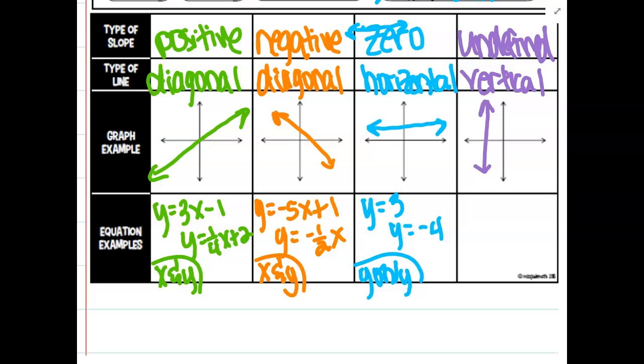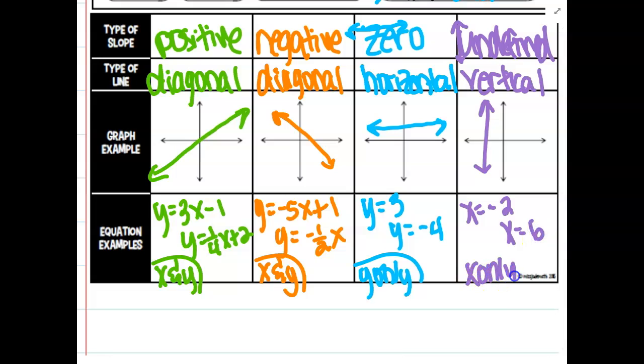Now, here's the thing. You know how I said the 0 slope has the zeros on it, or the 0 slopes on the z? An undefined slope has undefined slopes on the sides of the u's, which is kind of neat, okay? The equation of an undefined slope is going to be something like x equals -2, or maybe x equals 6.